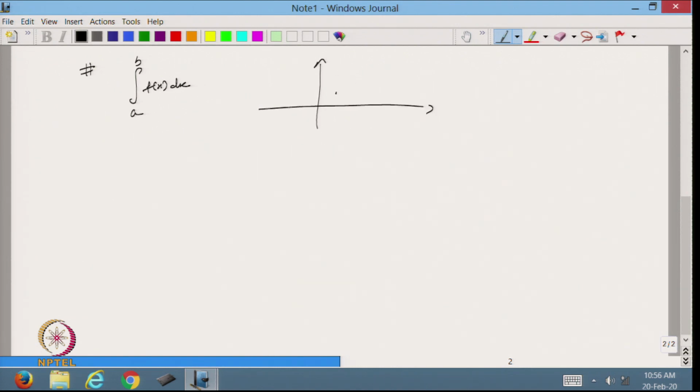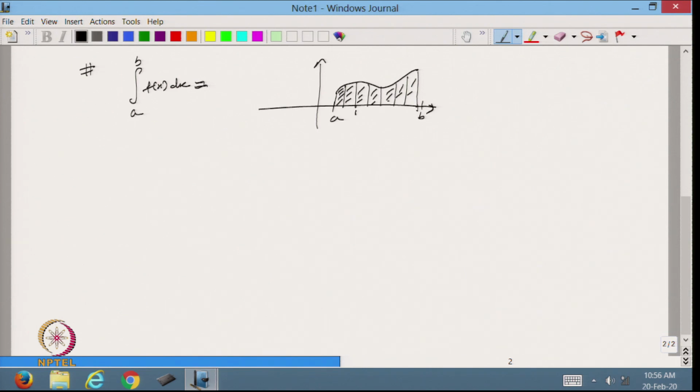Suppose my function is something like this, and this is my a and this is my b. In this case I will split this function into a number of rectangles, and then I will find out the area of these rectangles and add all these rectangles together, and then it will give me the approximate value of this integral.